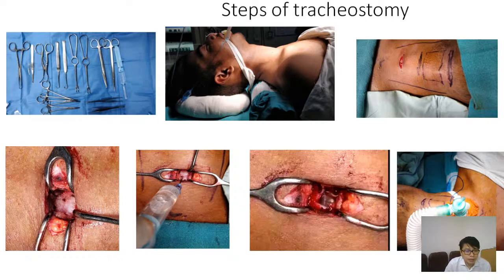The thyroid isthmus can be either cut in the midline or retracted upward. Then we encounter the tracheal cartilage or trachea. We need to confirm it by using a needle and aspirating it, and after making a stoma we can see the endotracheal tube here. The endotracheal tube is pulled upward and we can insert the tracheostomy tube.